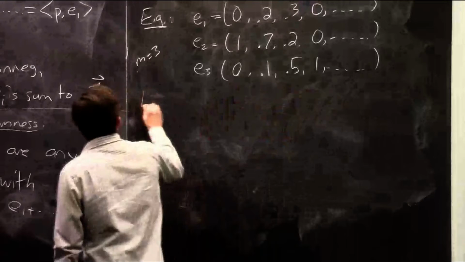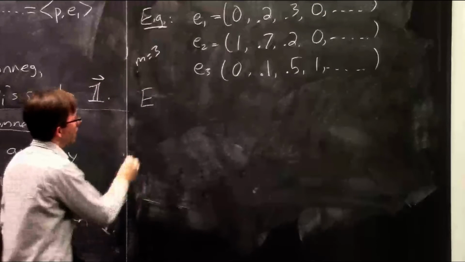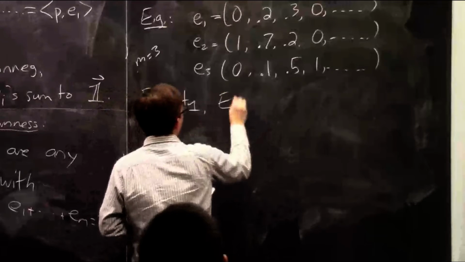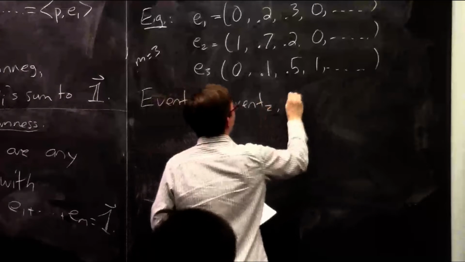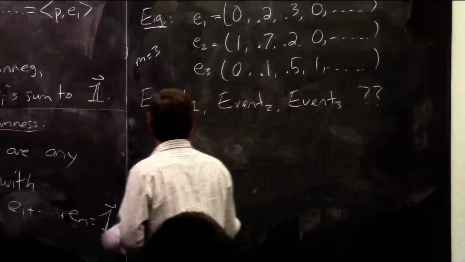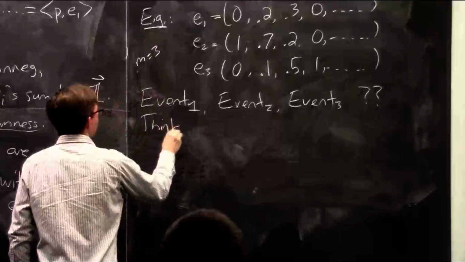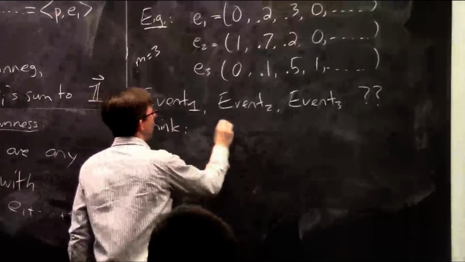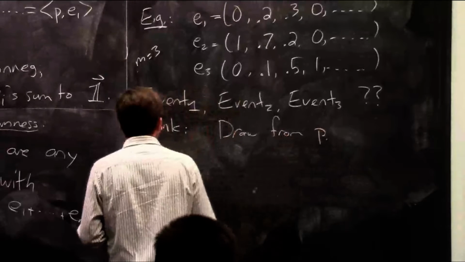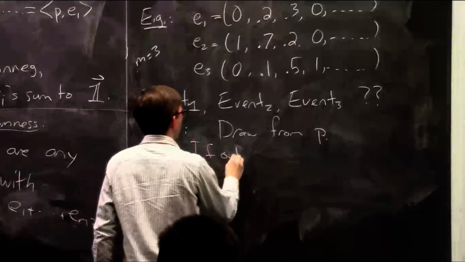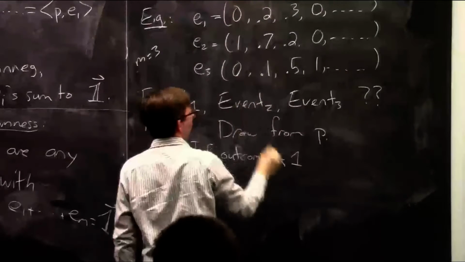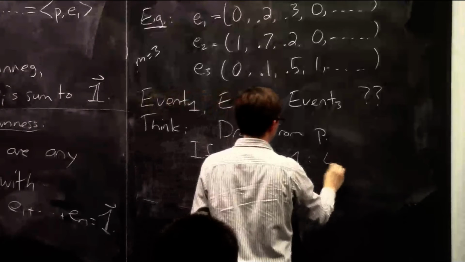And now, if you're thinking, wait, how are these events? Well, you can think about it this way. Imagine that first you draw from P, and if the outcome that you drew is 1, this is outcome 1 here, so in this particular case you would say, oh, event 2 happened.